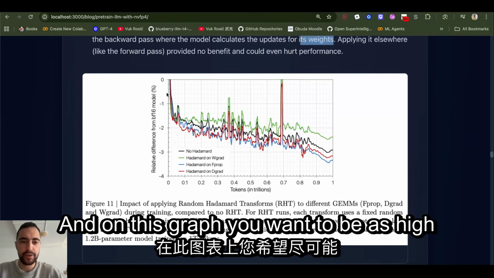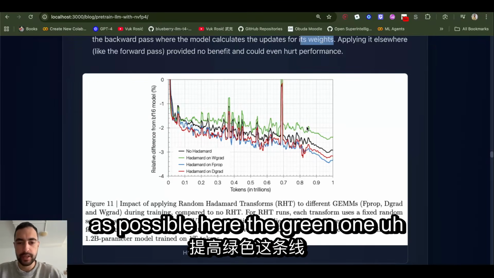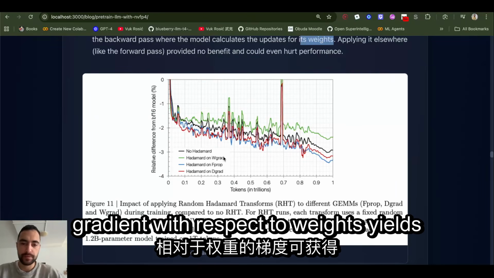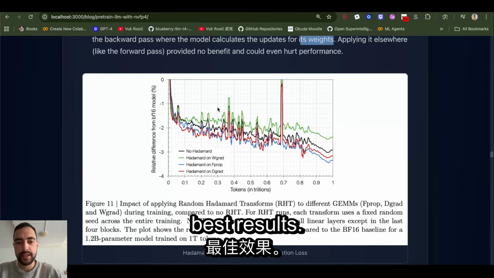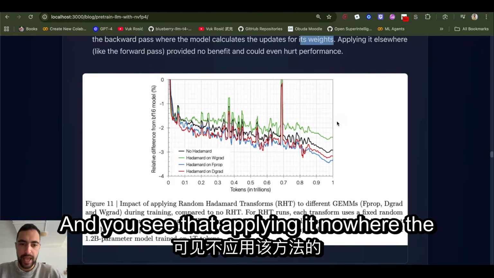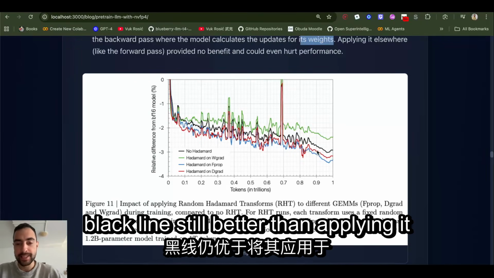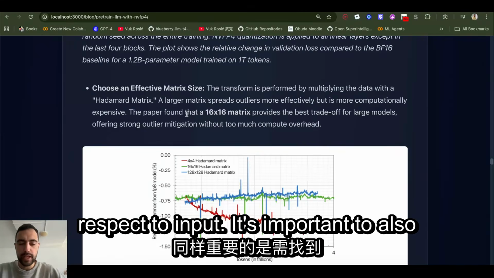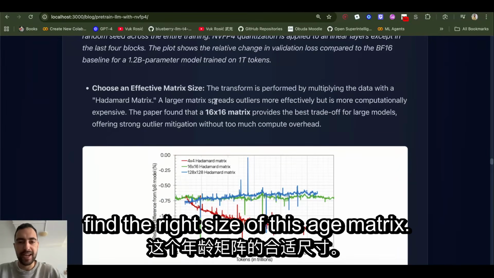And on this graph, you want to be as high as possible. Here, the green one, applying it to the gradient with respect to weights, yields the best results. And you see that applying it nowhere, the black line, is still better than applying it to forward propagation or gradients with respect to input.